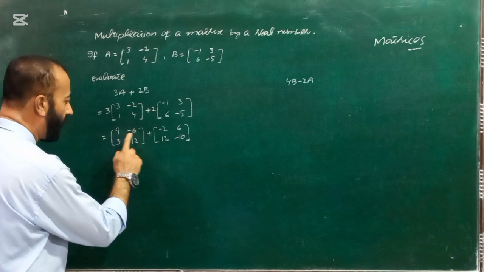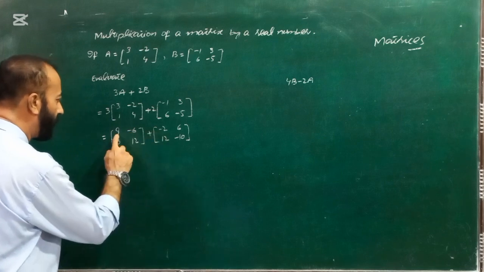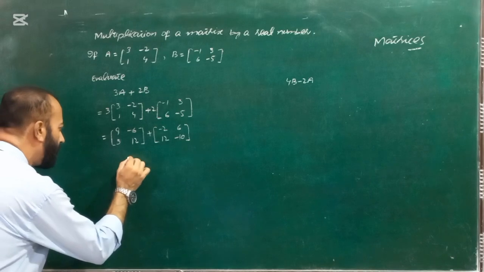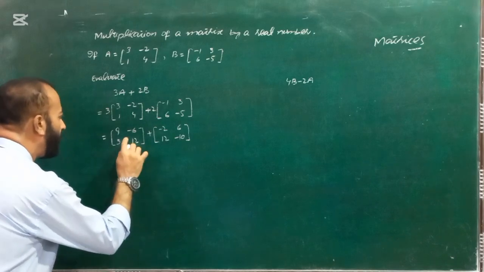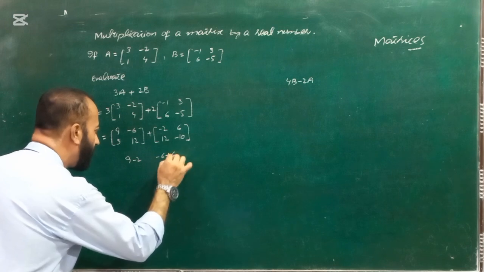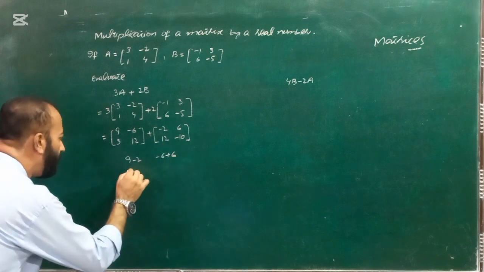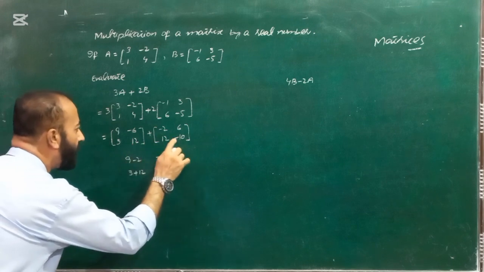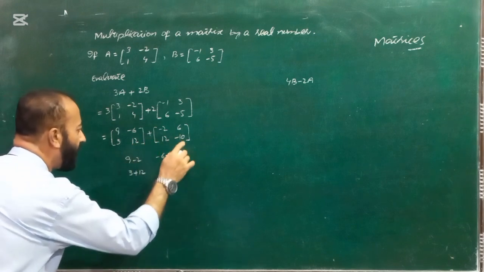Again, plus minus will be minus. So look now, 9 plus minus will be minus, so 9 minus 2. Then minus 6 plus 6. Then 3 plus 12. And then 12 plus minus will be minus, so 12 minus 10.